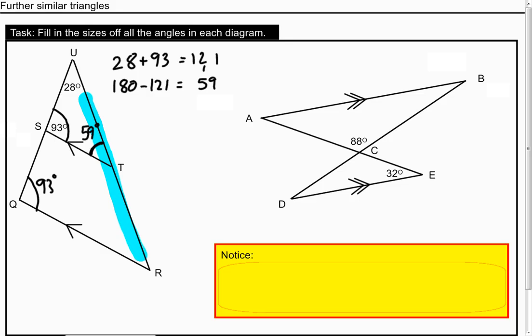Again, if I look carefully using the parallel lines, I've got another F, another pair of corresponding angles. So this top angle here will match this bottom angle here and be 59 degrees too.